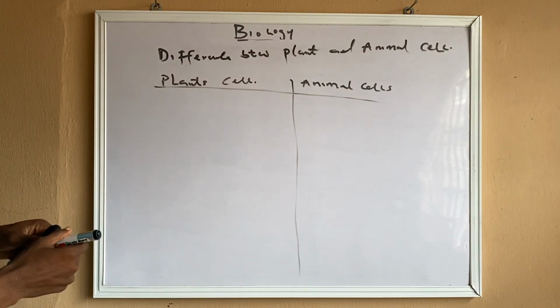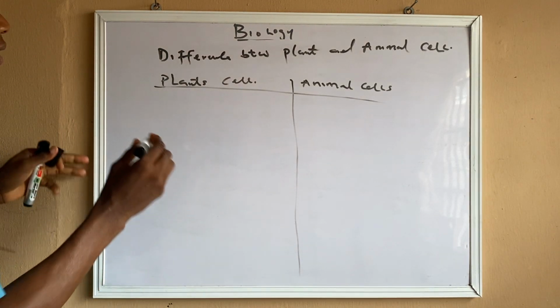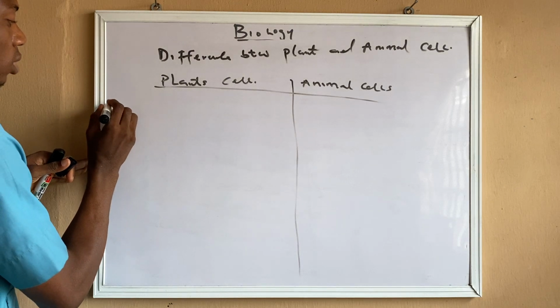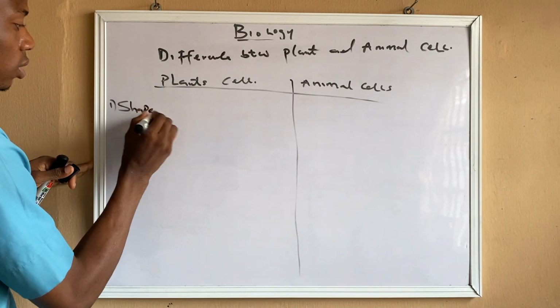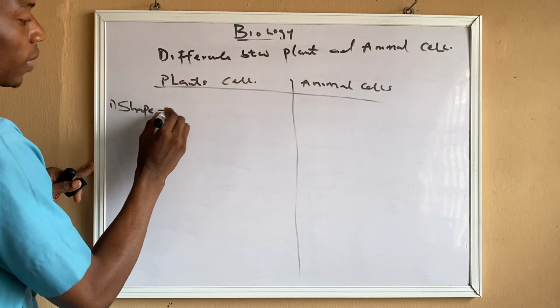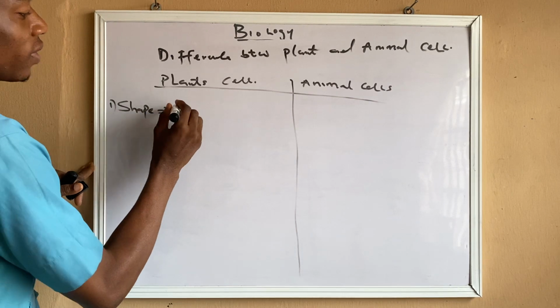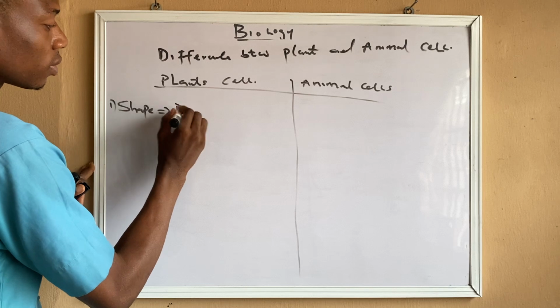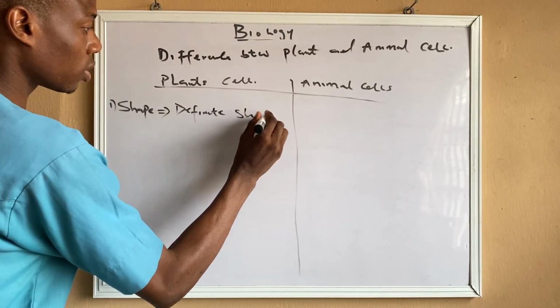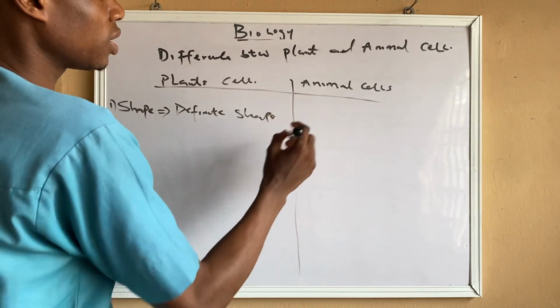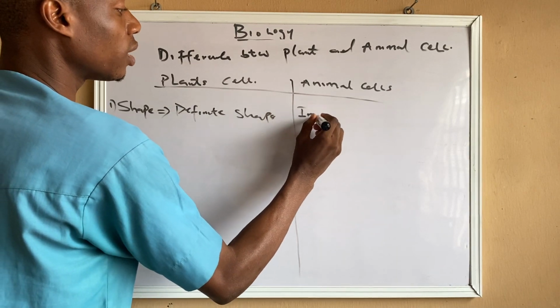Yesterday we talked about the shape. In the shape of a plant cell, they have a definite shape. But in animal, they have an indefinite shape.